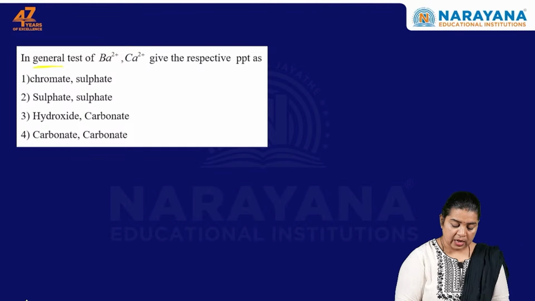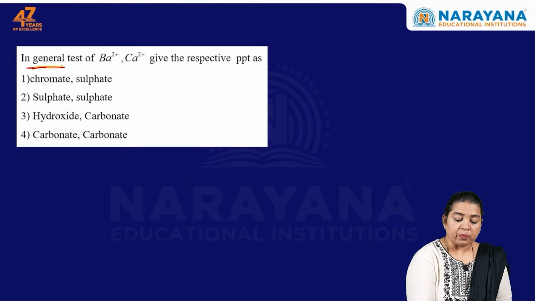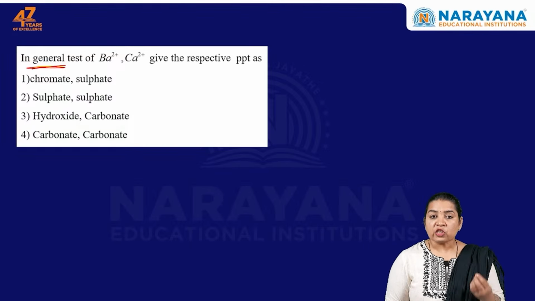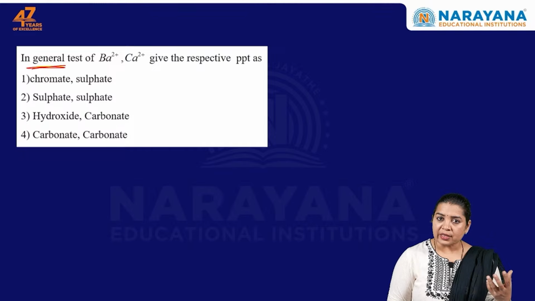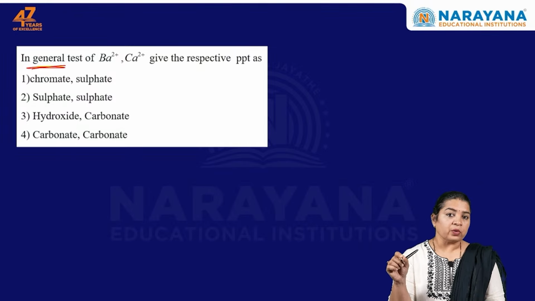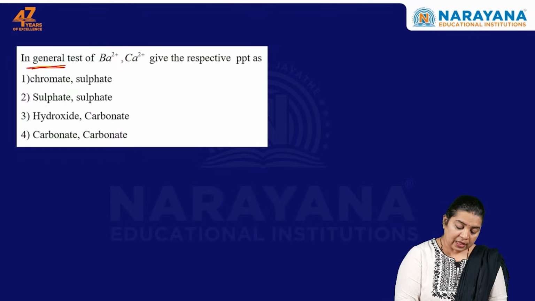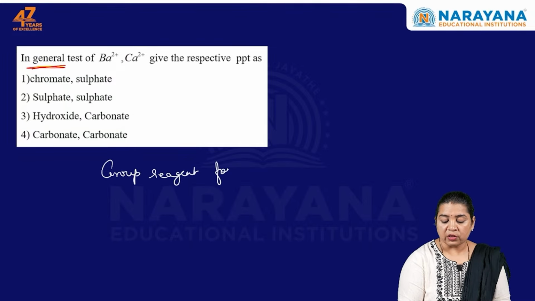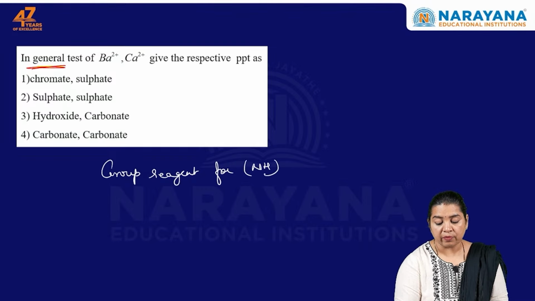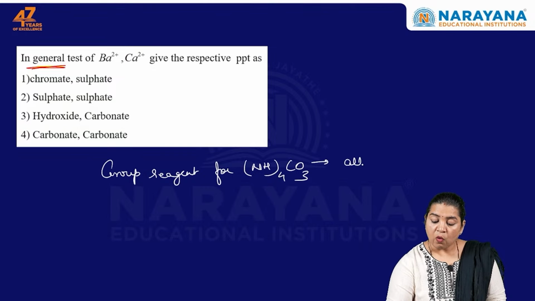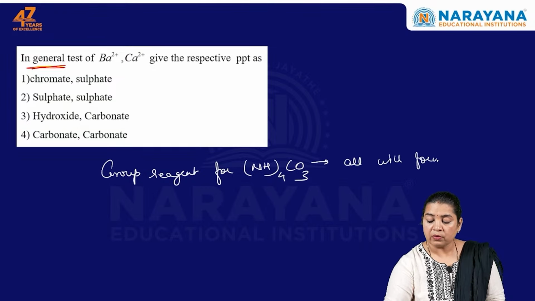This word is not so clear, but if I just take it that barium and calcium give which precipitate as a confirmatory test in this particular qualitative analysis, then see, yes, we have a group reagent for this as ammonium carbonate, right? We have ammonium carbonate, and then all will form carbonates.